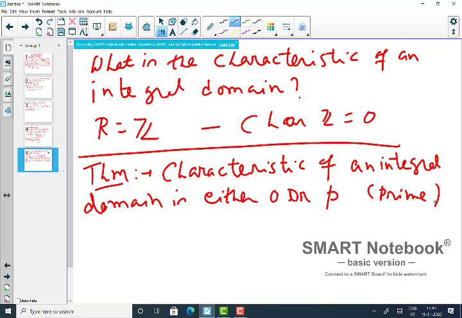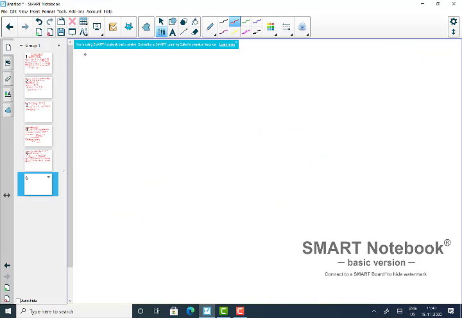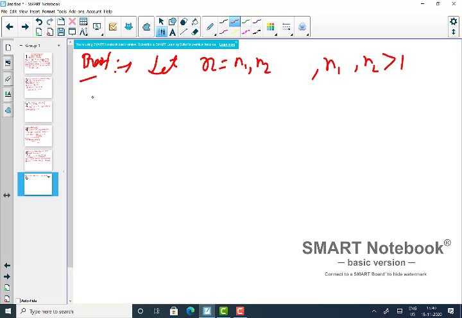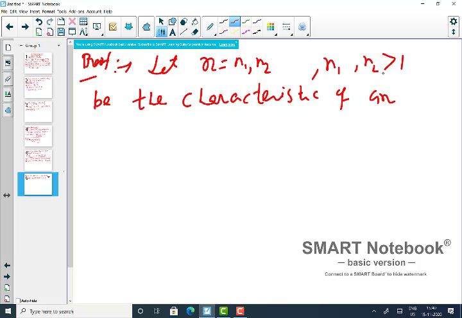So how do you check it cannot be a composite number? Proof: let's say n equal to n1 into n2, so n1 and n2 are both greater than 1, be the characteristic of an integral domain, say R. Suppose that, and then we see that there must be a contradiction.